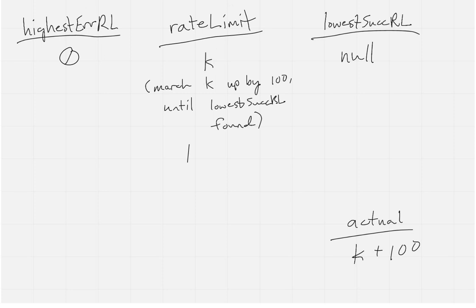So, you know, then it would be k plus 100. And then the rate limit would be the same as actual, and the lowest successful rate limit would be recorded, and we would then do what I explained up the canvas here, which is out of view. Okay.